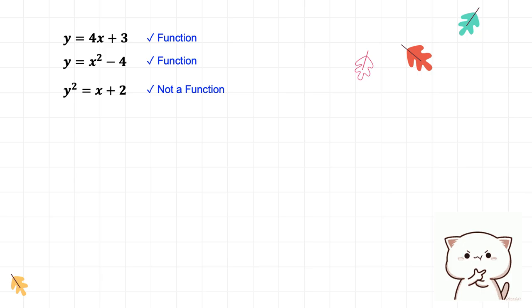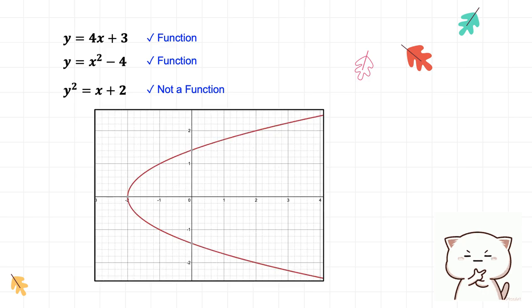Why? If you are going to graph this one, which is the easiest thing to do, we will graph this as a parabola which opens to the right. And again, to check whether the graph is a function or not, we have to use the vertical line test. We need to draw a vertical line on our graph, and if it intersects the graph in more than one point, therefore it is not a function.